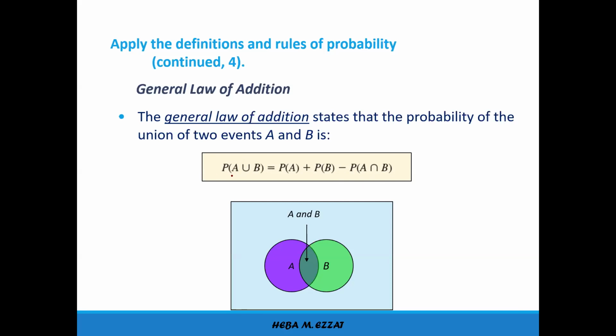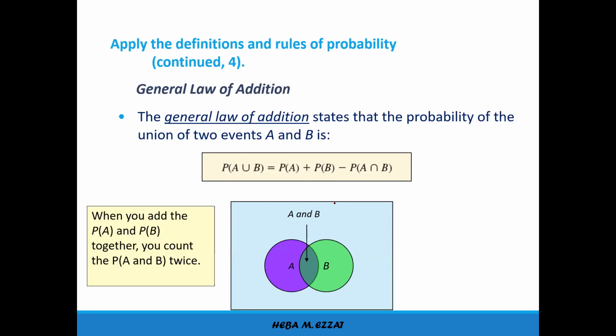In order to find the union of A and B, I add the probability of getting A and the probability of getting B. Again, this area is included in A and B, so I have to remove it in order to not be repeated twice.